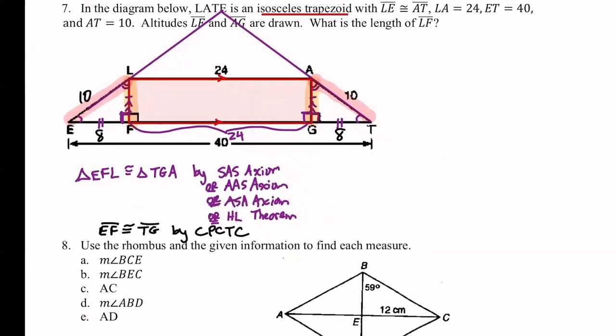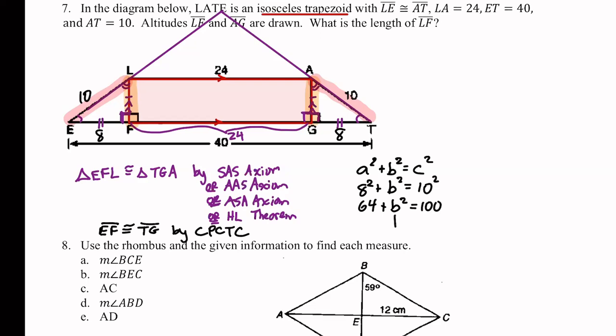All right. So if I want LF, I could just use the Pythagorean theorem. A squared plus B squared is equal to C squared. 8 squared plus some unknown vertical side, B squared, is equal to 10 squared. Assuming you don't remember your Pythagorean triples, 64 plus B squared is 100.